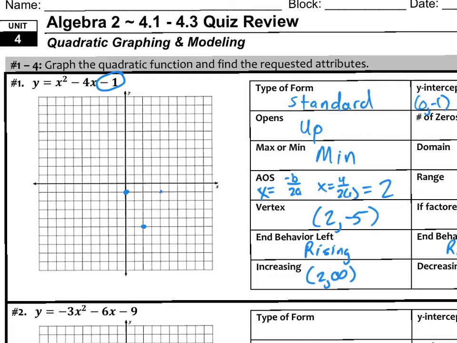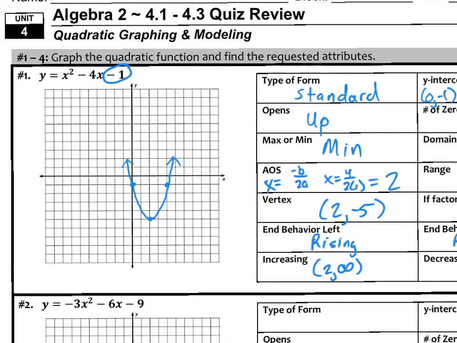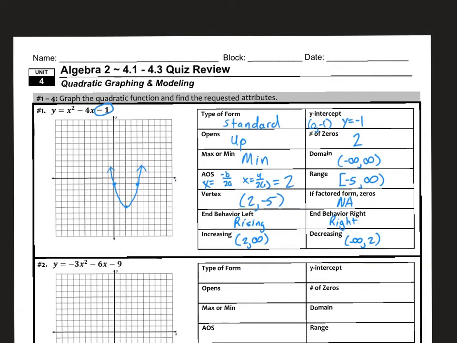We have an axis of symmetry running down that vertex, so I do have another point there at 4, negative 1, which corresponds with the y-intercept. And then I can just sketch it. I'm looking at my calculator also to see what's going on with the graph. And that's more or less what the graph looks like. And I'm done. So you can see that decreasing and then increasing interval there.